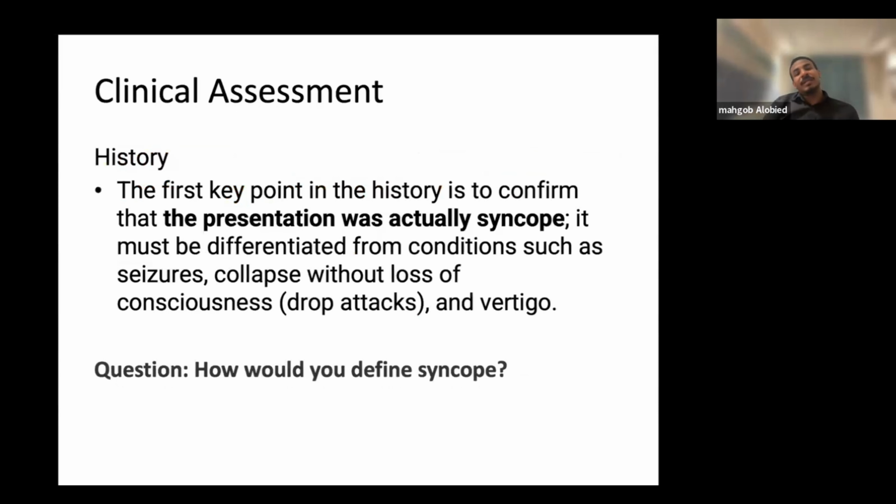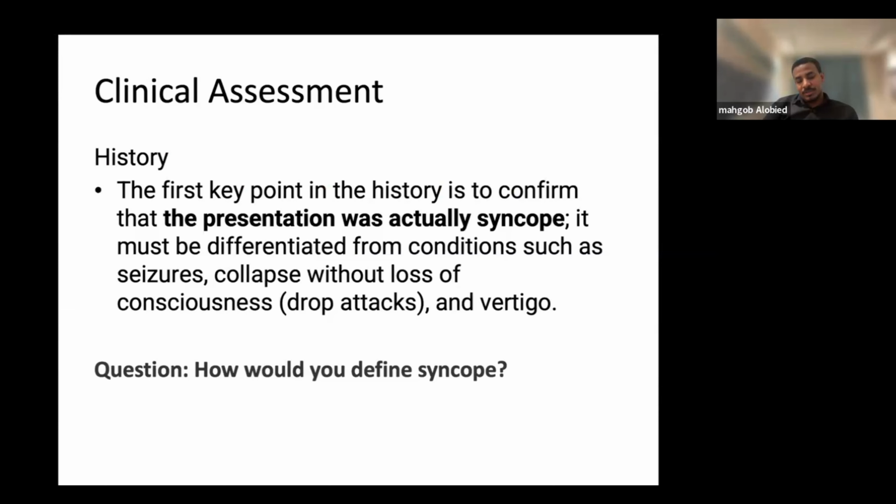So regarding the clinical assessment, it will include the history, examination, and investigation if needed. Regarding the history, when you approach the patient, history is the first thing to do, right? The patient will not tell you that I have syncope.